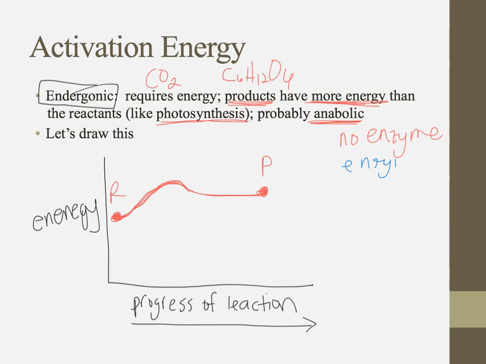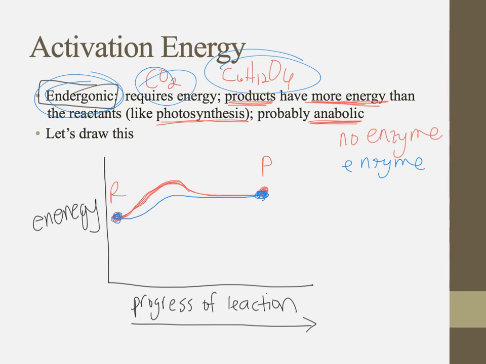Enzymes help lower the activation energy, so there's less energy needed to get it started. But we notice we still start and end in the same places. It may involve less energy to initially get that reaction started, but we're still going to have to add in energy overall because our products have more energy than our reactants.